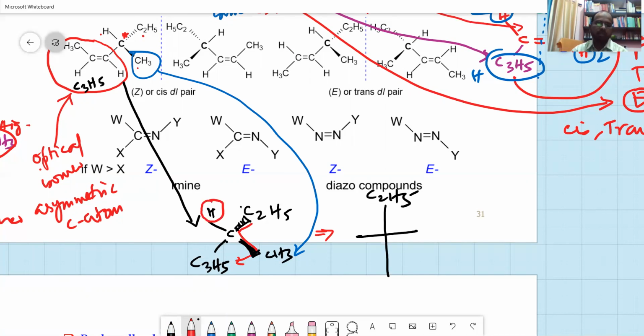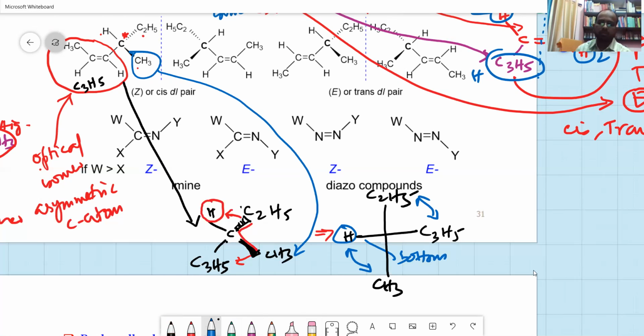This is also pushed back and this is also pushed back for writing the Fischer projection formula. When you push it, this CH3 comes to the bottom and C2H5 goes there. And opposite, to the right of the C2H5, you will have H, and then we have C3H5. Okay, so we are going to make two exchanges because you have to bring hydrogen to the bottom.